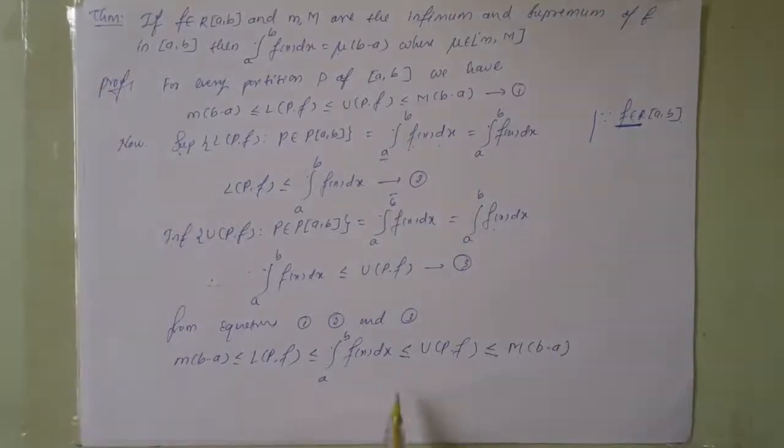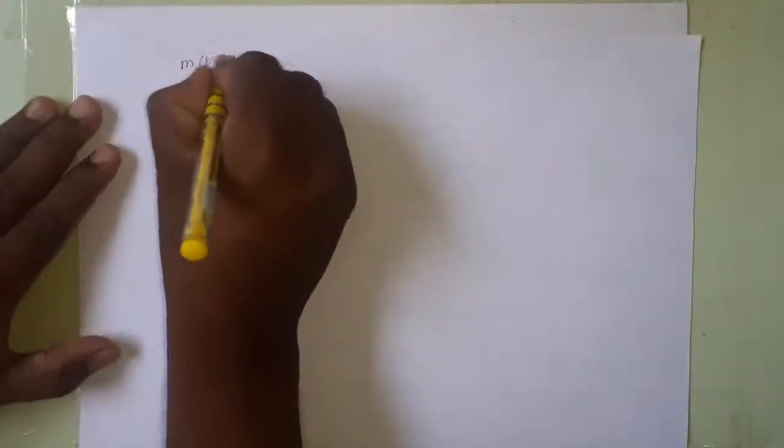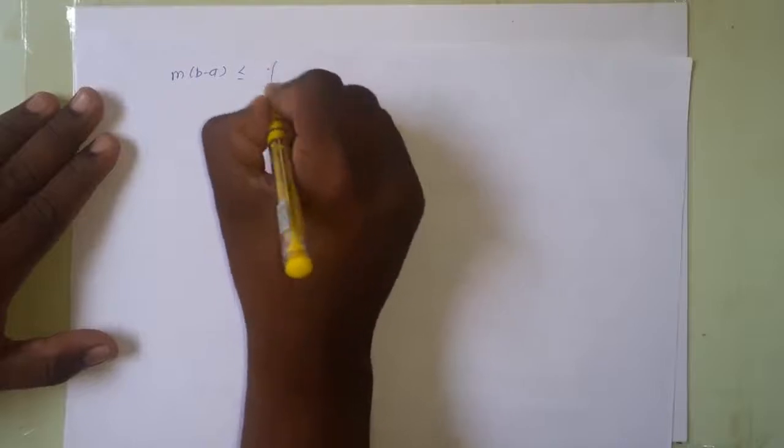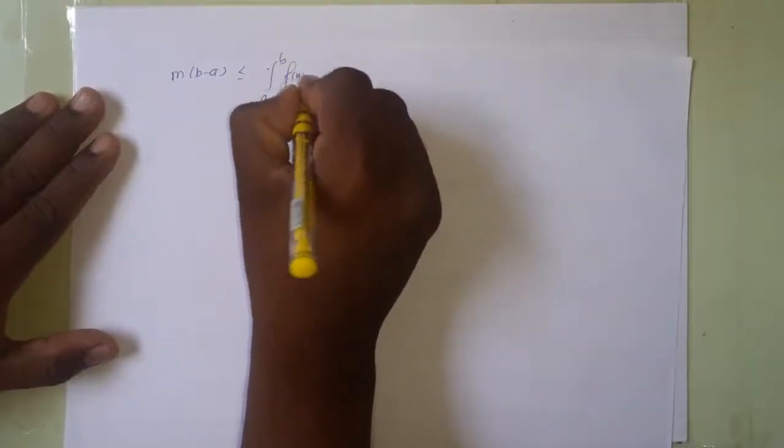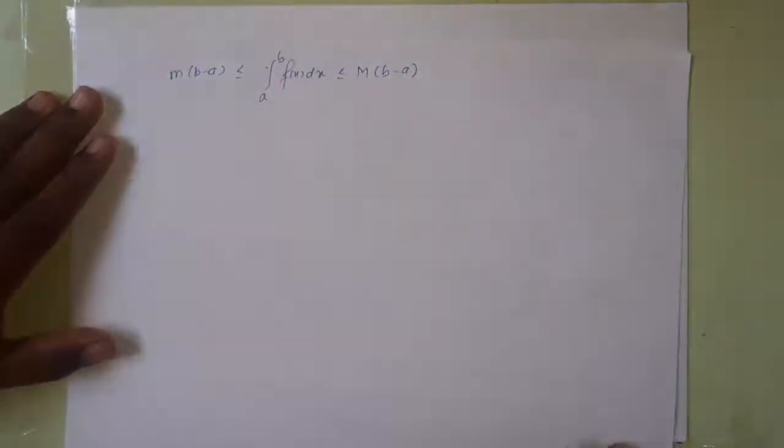So on combining all three inequalities, we get the result: m times (b minus a) is less than or equal to LPF, which is less than or equal to the integral from a to b of f(x) dx, which is less than or equal to UPF, which is less than or equal to capital M times (b minus a). The same inequality can be written as m times (b minus a) less than or equal to the integral from a to b of f(x) dx, less than or equal to capital M times (b minus a).